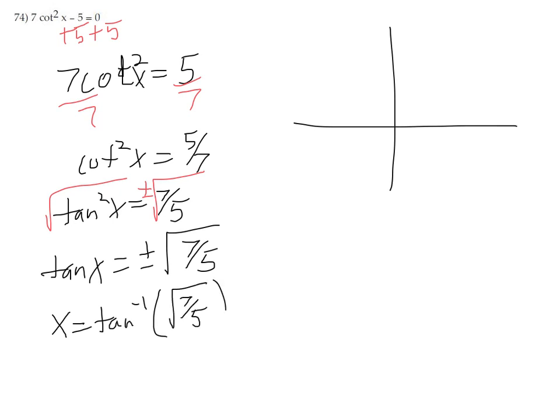You do not have to rationalize this because we're going to our calculator now. So arctangent, we need to be in degree mode. Make sure you are. Square root 7/5. 49.797. Let's go to 49.8, since I don't have any other calculations to do other than adding and subtracting 180 or 360. 49.8 degrees.